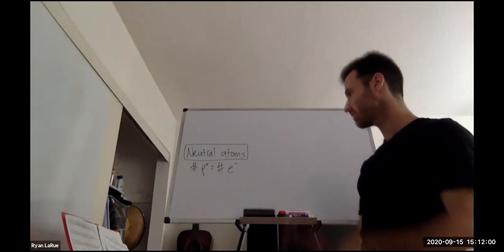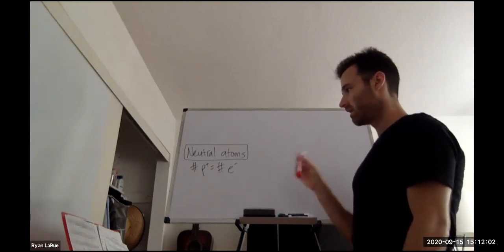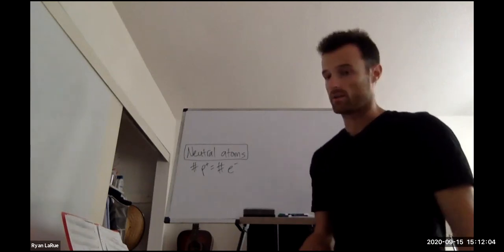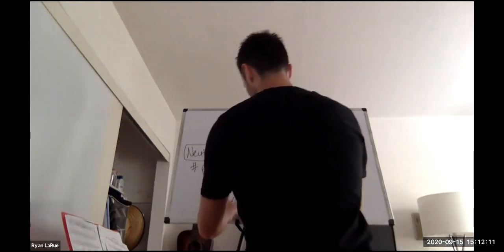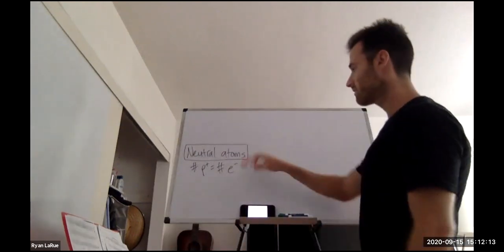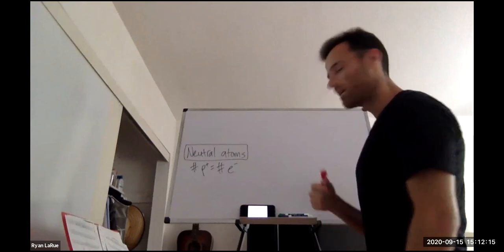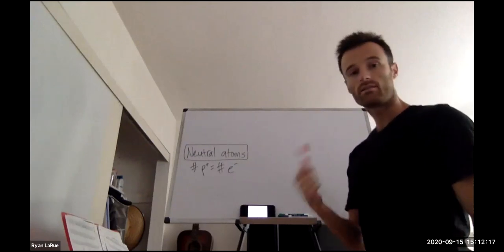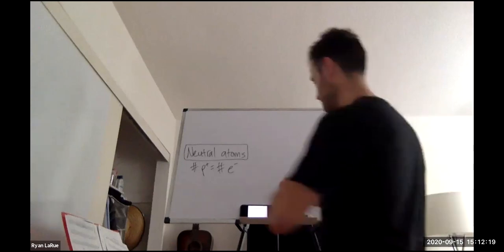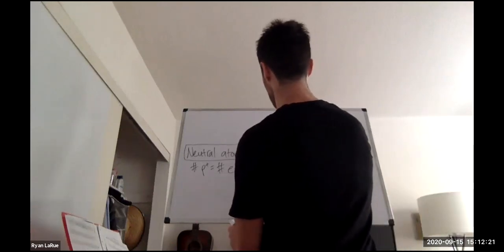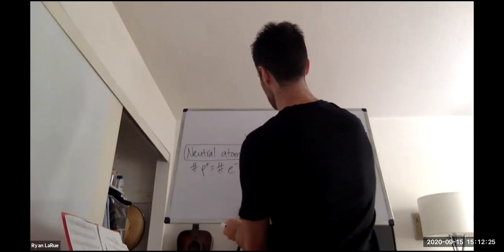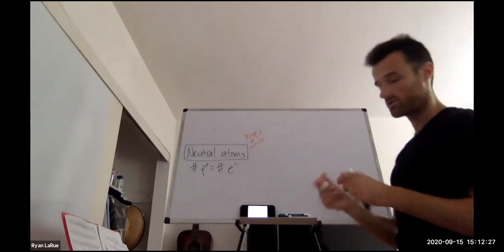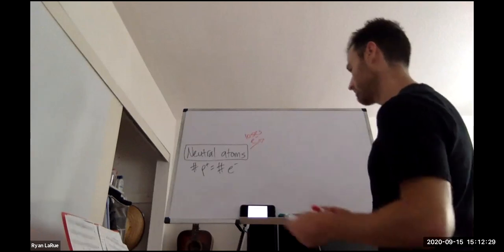Okay, so we're going to play with this a little bit when we talk about ionic bonds. First thing that can happen is that this neutral atom can lose electrons, 1 or more electrons. So let's pretend this neutral atom loses electrons, or an electron, 1 or more.